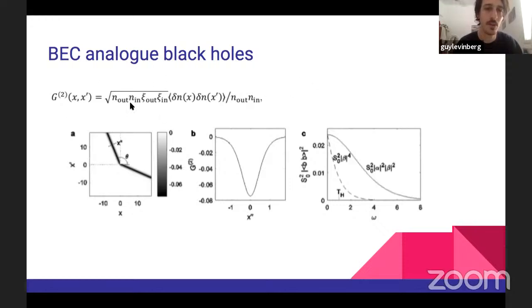It's not very important right now, but what they found is a very strong correlation. Here is the x and x prime. Graph A is the relevant one here. It has a very strong correlation between them. So basically it means that they found a particle-antiparticle pair that acts exactly like the Hawking radiation.